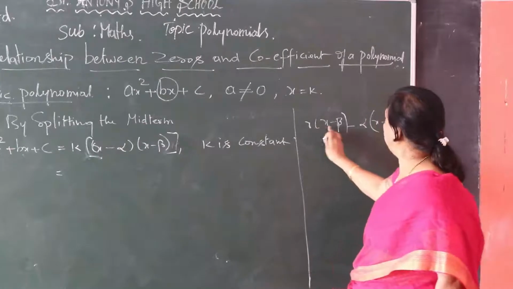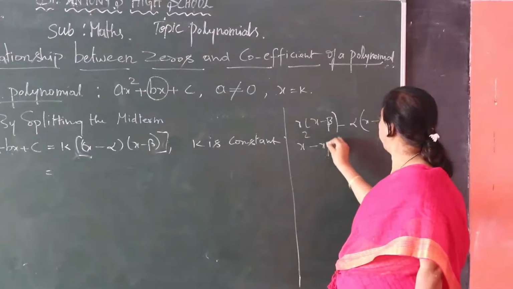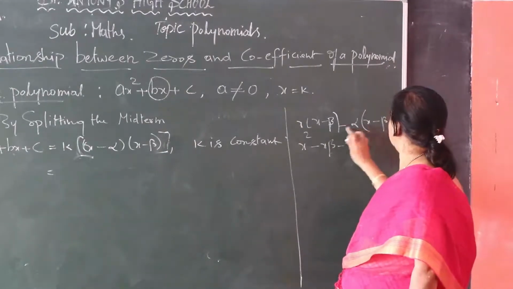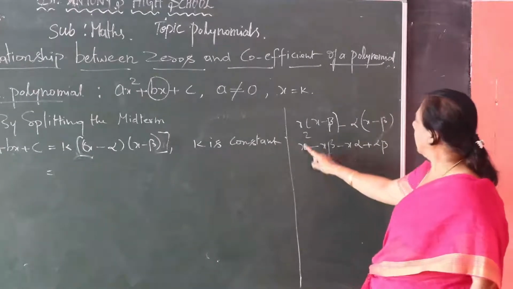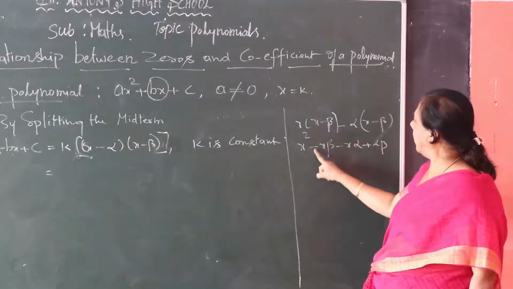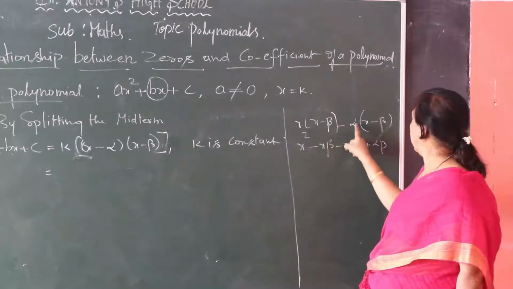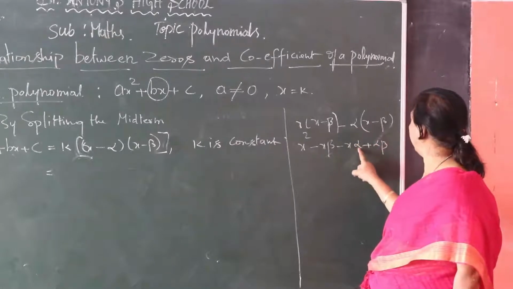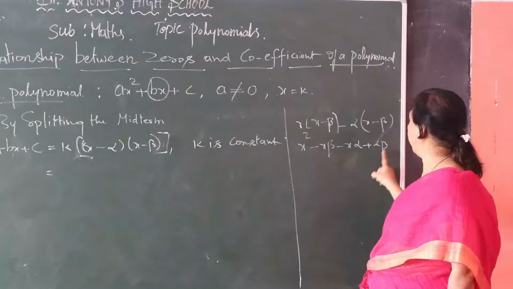Multiply x into x, x square; x into minus beta, minus x beta; minus alpha into x, minus alpha x; minus into minus, plus alpha beta.